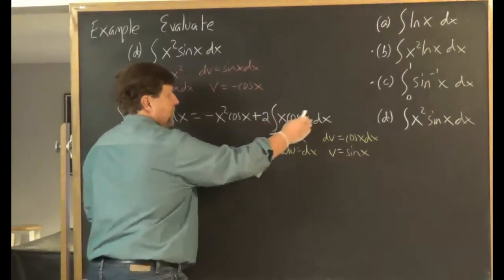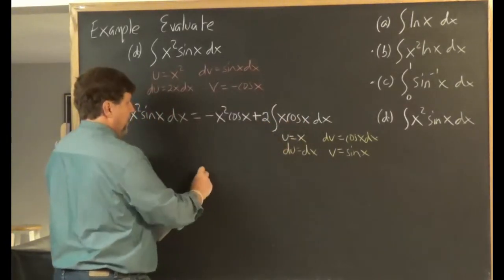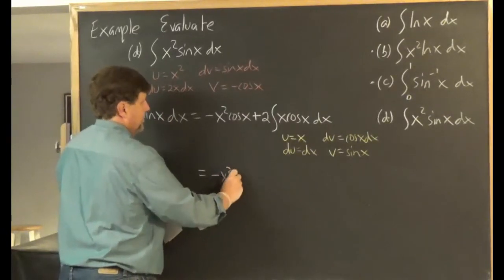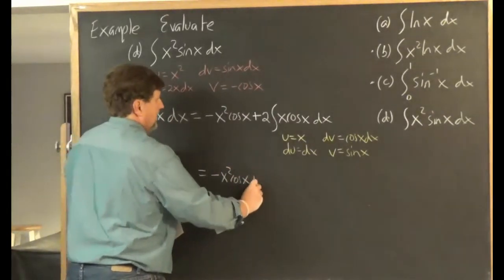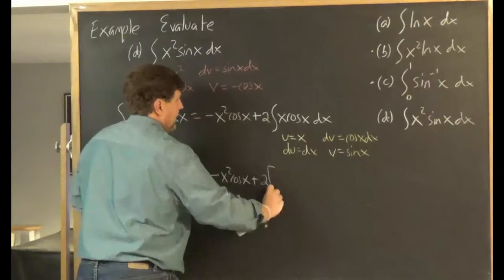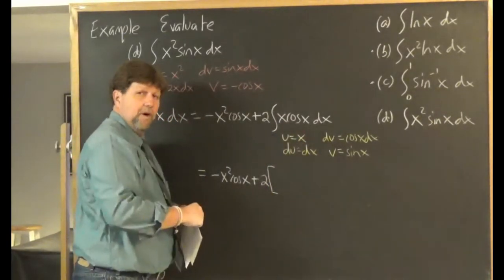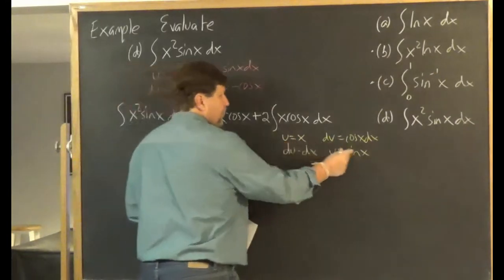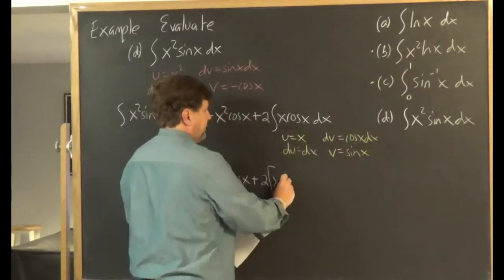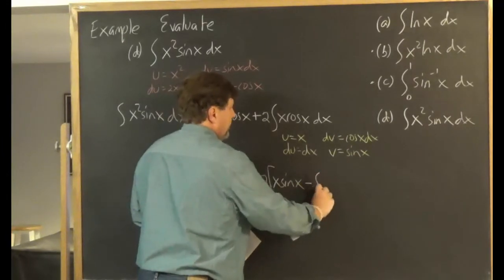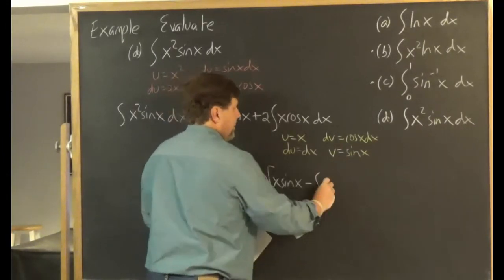So I'm cranking just that integral through integration by parts. So I need to remember to bring this down. And I'm going to put the result of the second integration by parts inside square brackets. So it's u times v minus the integral v du.